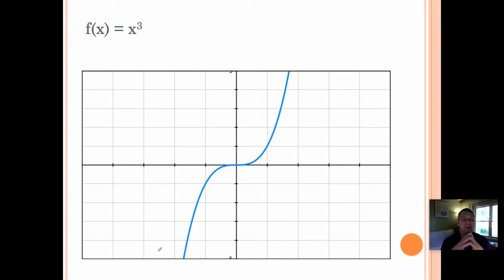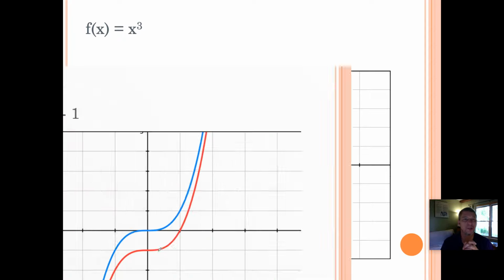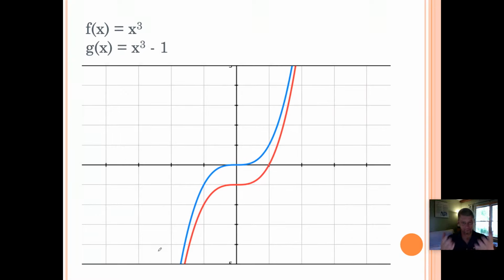Now, in the first translation that we were asked to do, we wanted to move this vertically, we subtracted 1 from x cubed. And so this is what we get. The blue curve represents f of x. The red curve represents g of x.